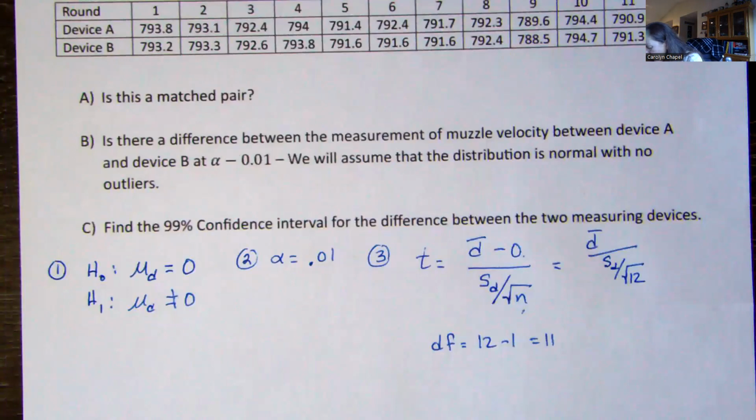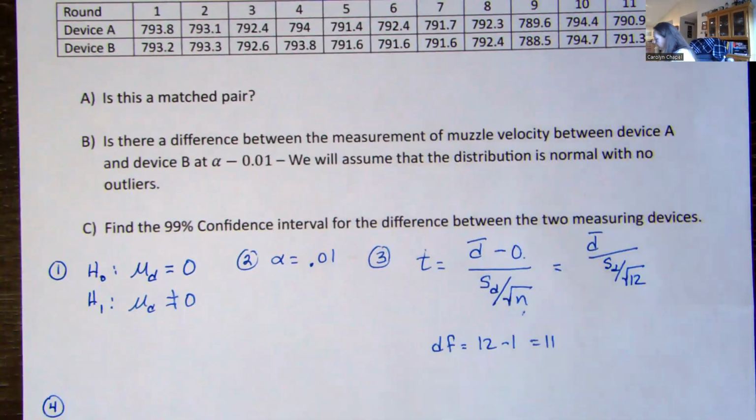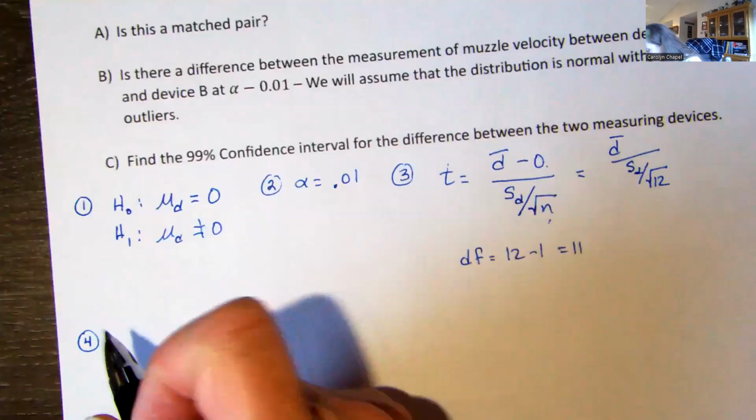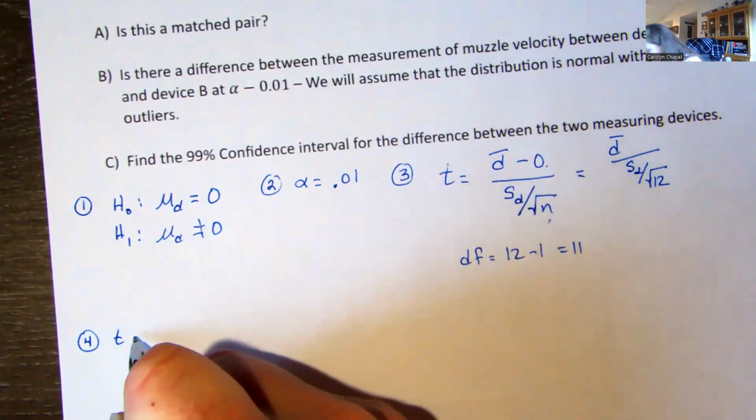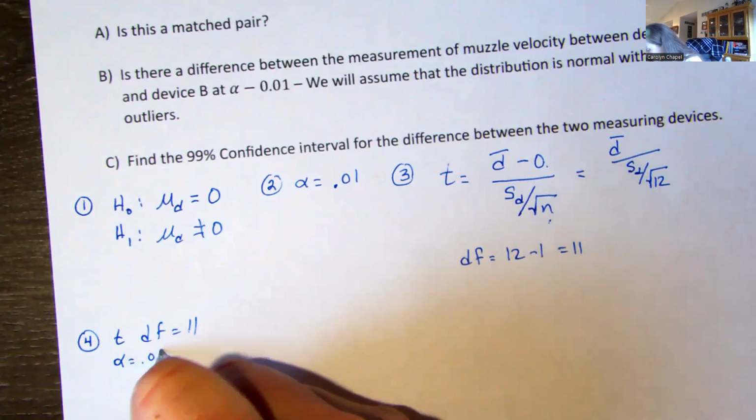Okay. Step 4 would be to find those critical values. I think I will do that real quickly here. Find my table. These are a t with degrees of freedom equal to 11. We're doing an alpha of 0.01.